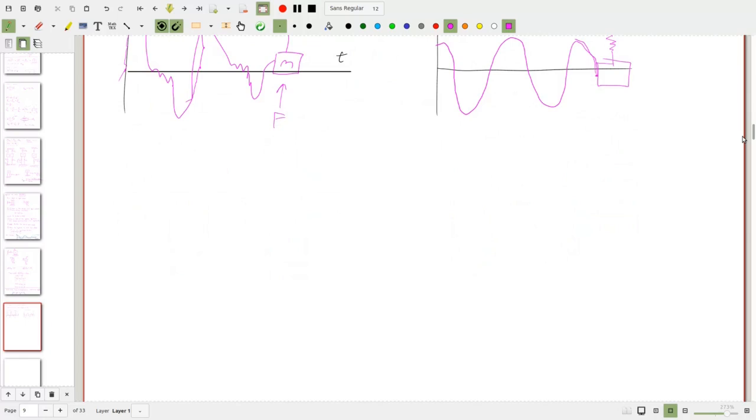And then y might be temperature or blood pressure. In the plot we're going to draw here, our x-axis is going to be omega n t, so it is time, but it's multiplied by the natural frequency of the system.